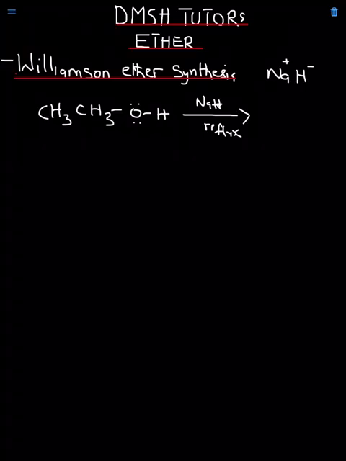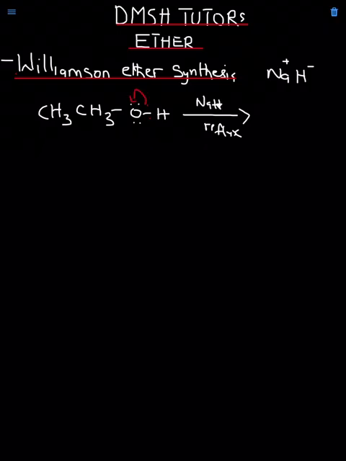So what happens is this. But before that, between the oxygen and hydrogen of the alcohol, oxygen is more electronegative than hydrogen. Therefore, oxygen will withdraw the 2 electrons to itself.